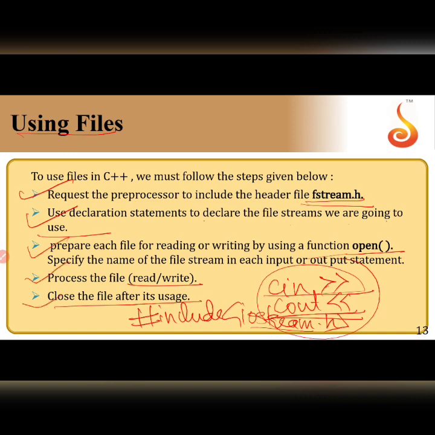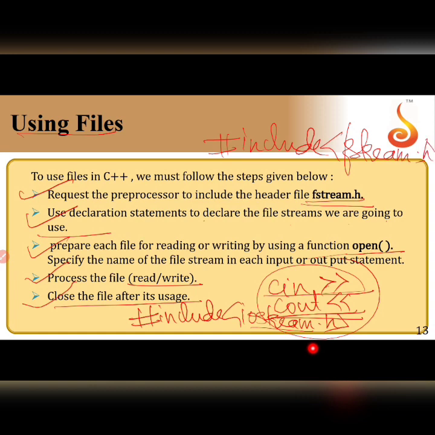So, what am I going to do? The first thing is, if I am using files, then I need to have the fstream.h header file included in my program. That is, I should have the statement #include fstream.h.